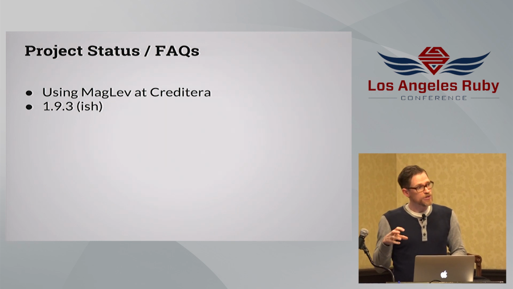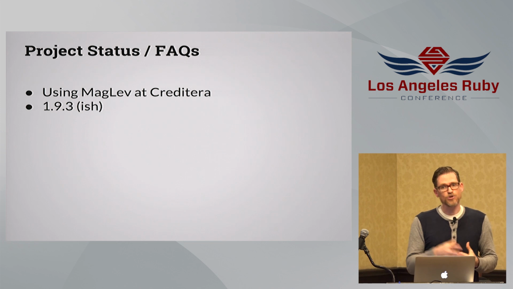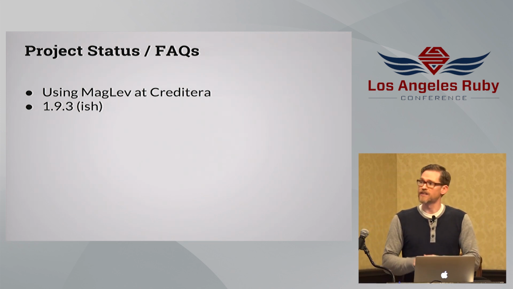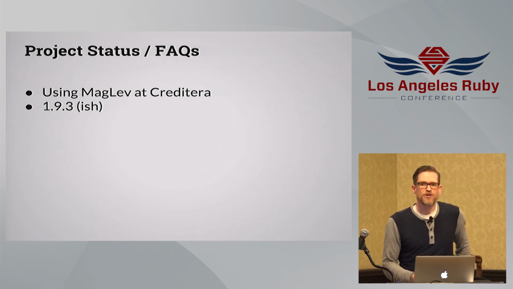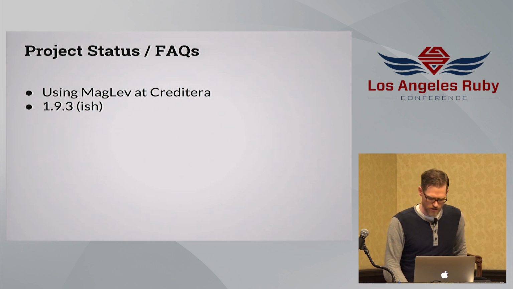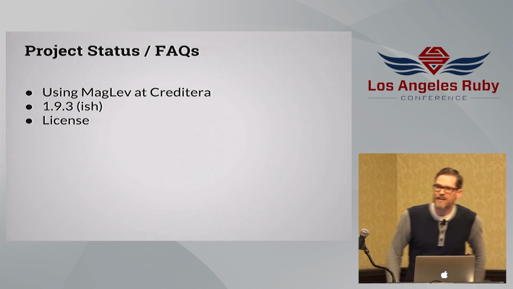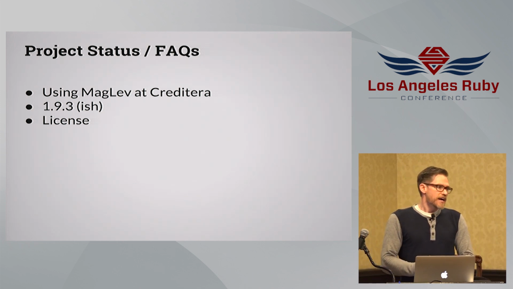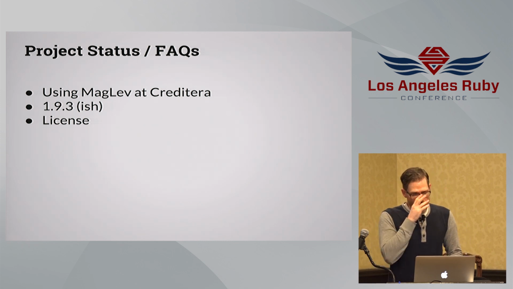The parser used to be part of the closed source GemStone product, but we got that extracted so that people like Ryan are able to help us get MagLev moving forward a little bit. So right now it's 193. There's still some parser bugs that we're going to work through. Another thing to know about MagLev is MagLev itself is open source. The underlying system, GemStone, is a commercial product.